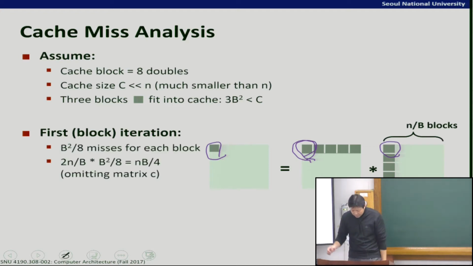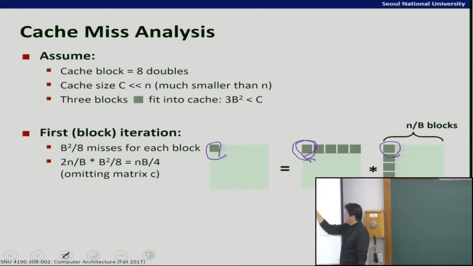So in the first iteration, it takes b squared over 8 misses per each block, right? Why? Because let's say we have a block size b, then we can read the values in this order within this block.